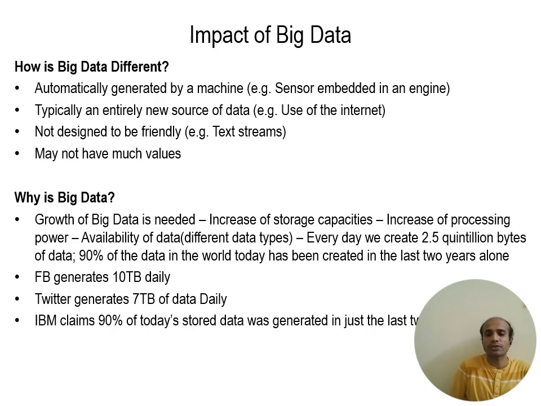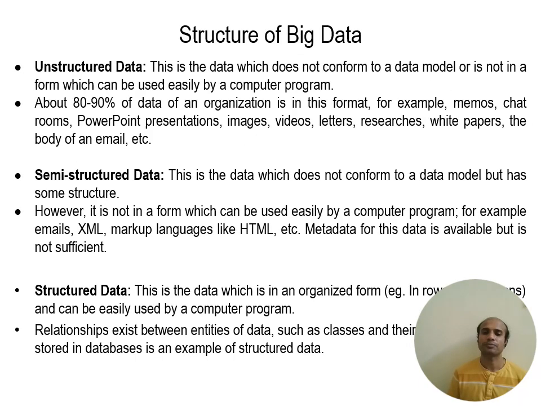Twitter generates 7 TB of data daily. So both these organizations together, see the amount of data they generate. IBM claims that 90% of today's stored data was generated just in this decade. That's something really huge. Most of the content has been generated recently.